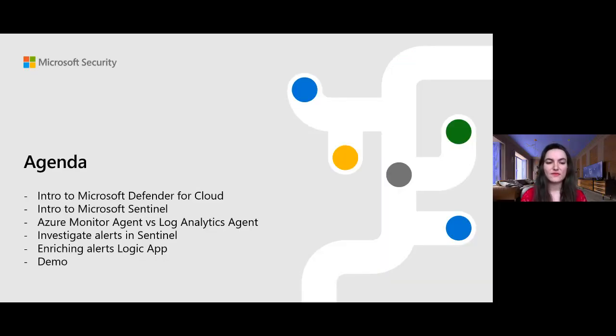It's been in GA for a while, but it's now publicly available for Defender for Cloud. We'll cover how we can use it to get data for Defender for Cloud and then get it into Sentinel. Afterwards, we're going to talk about how you can investigate alerts in Sentinel and how you can enrich alerts using a logic app that Giulio created. We're going to have demos for all of these things.